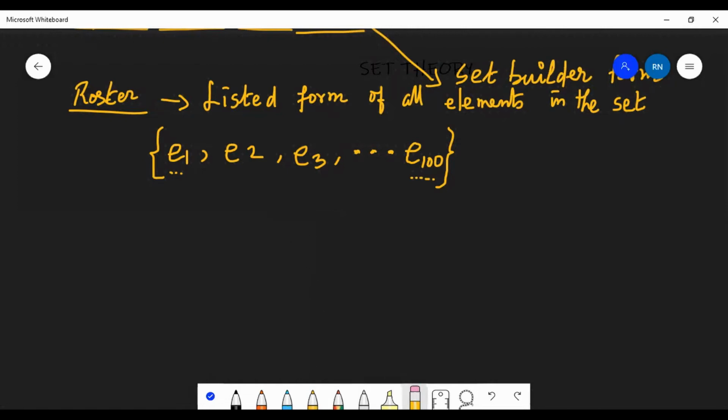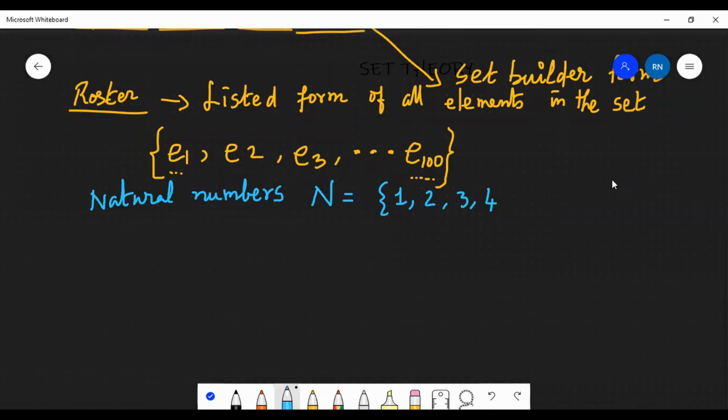Let me give a few other roster forms. Set of natural numbers: how do I write the roster form? Just now you saw the symbol also. The natural number set is uppercase N. You write the first 3 or 4 elements, but it is not the end and will never end.